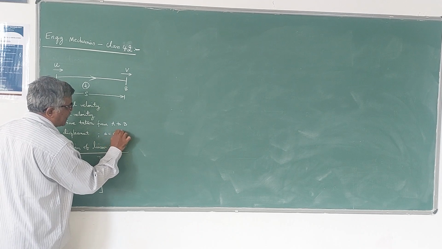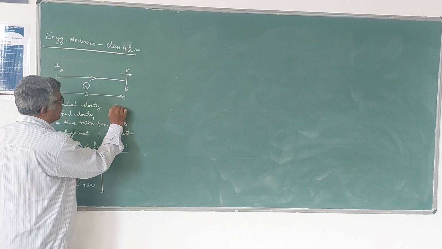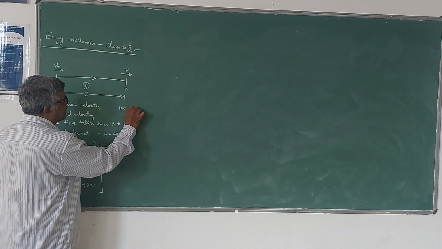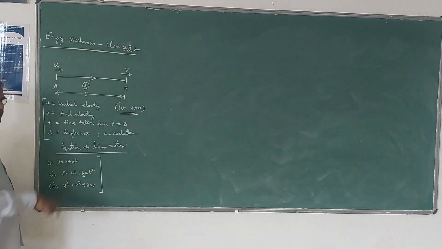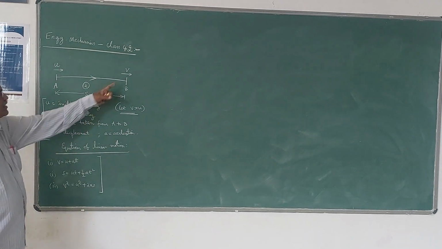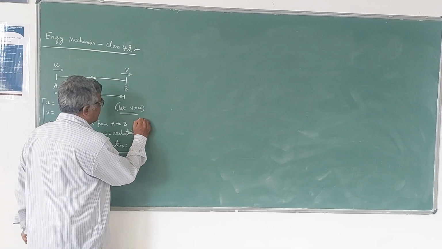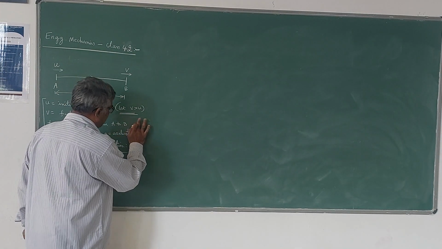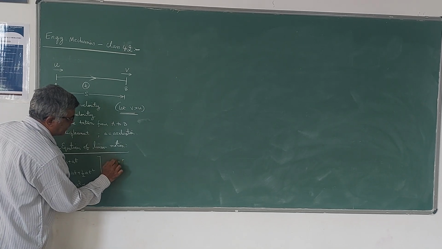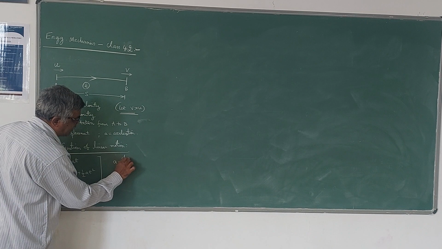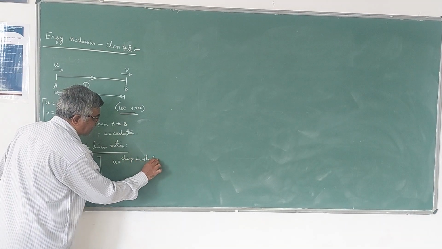Now let v be greater than u. That means the velocity is increasing from point A to point B. In that case, acceleration is the rate of change of velocity, that is change in velocity divided by time. According to definition, I am talking about the average value.